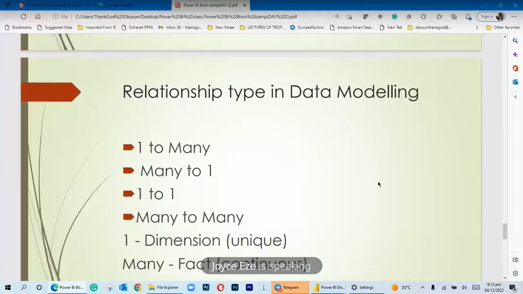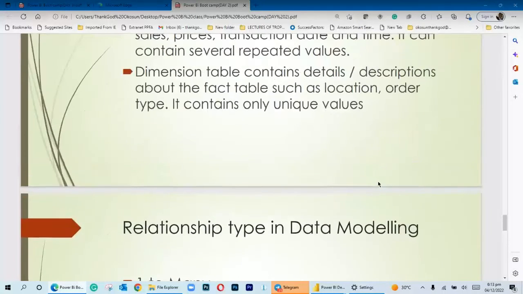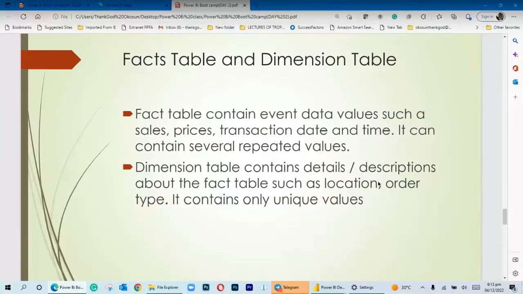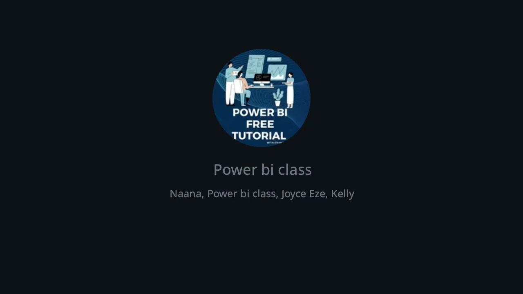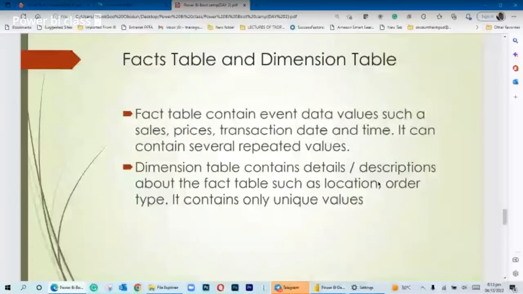Okay, sure. Coming back to fact and dimension tables. A fact table contains event data values such as sales, prices, transaction dates, and time. It can contain several repeated values, while a dimension table contains detailed descriptions about the fact table, such as location and order type.